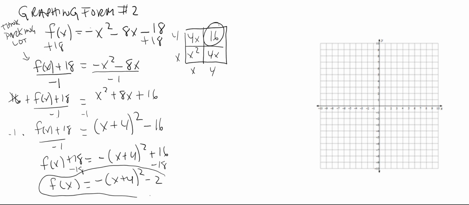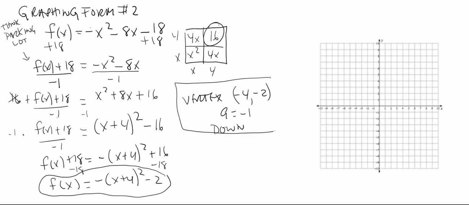So this is my graphing form of my equation. So that tells me my vertex is going to be negative 4, negative 2. Oh, that's horrible. Let's try that again, negative 2. And then I know my a value is going to be negative 1. And so this tells me that my quadratic is going to open down.